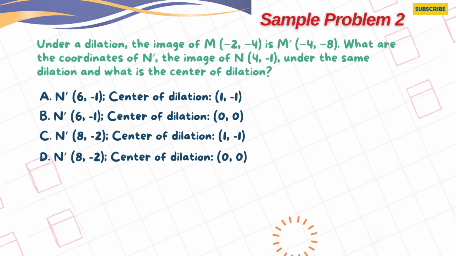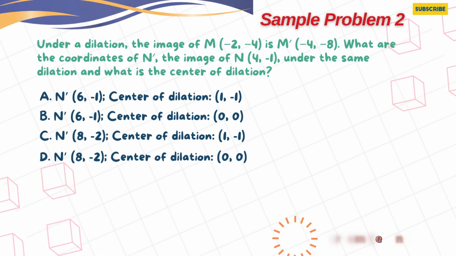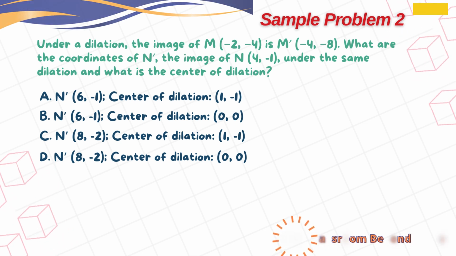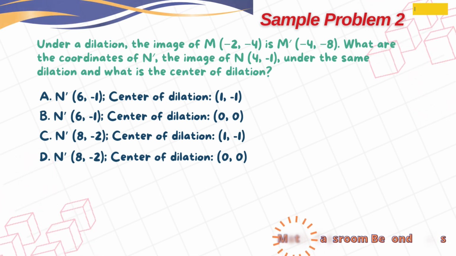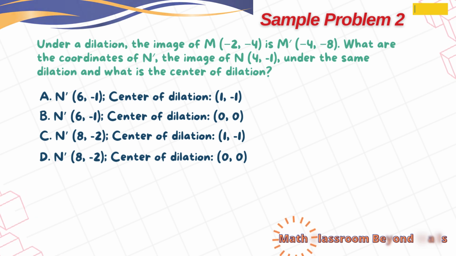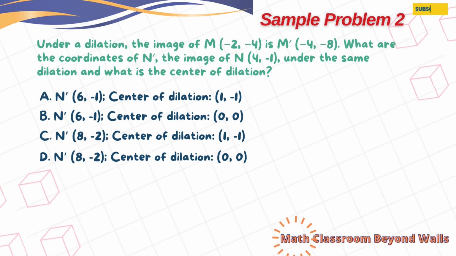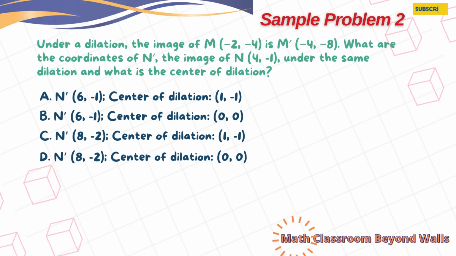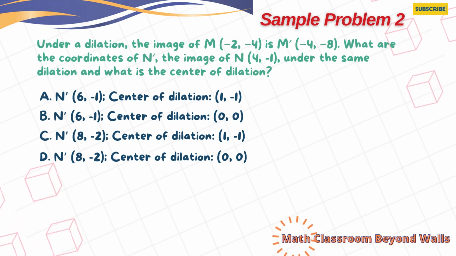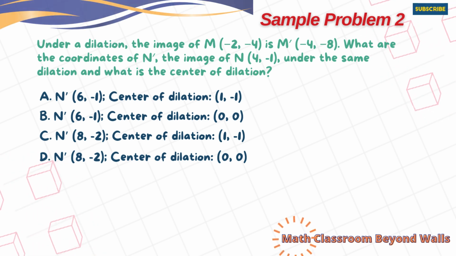As usual, we begin by reading the whole problem and may read it several times when needed to know what we're looking for, to determine what are given, and to figure out how the given information help find what we're looking for. What are asked in the problem, learners? You are right. There are two things that we are to determine here.